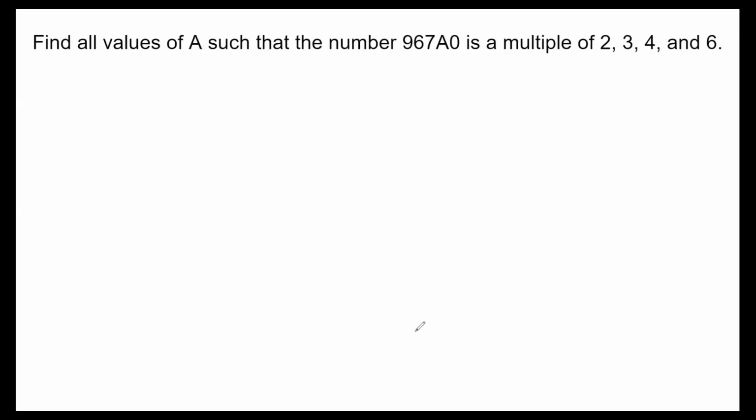Okay, next problem. Find all values of a such that the number 96780 is a multiple of 2, 3, 4, and 6.